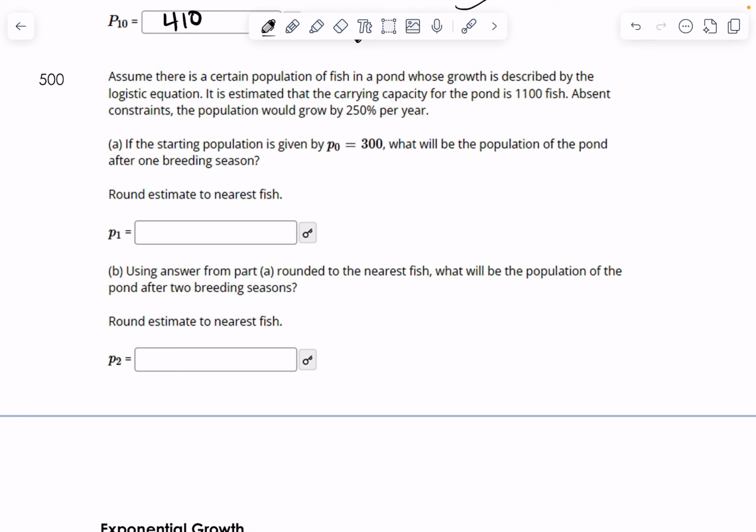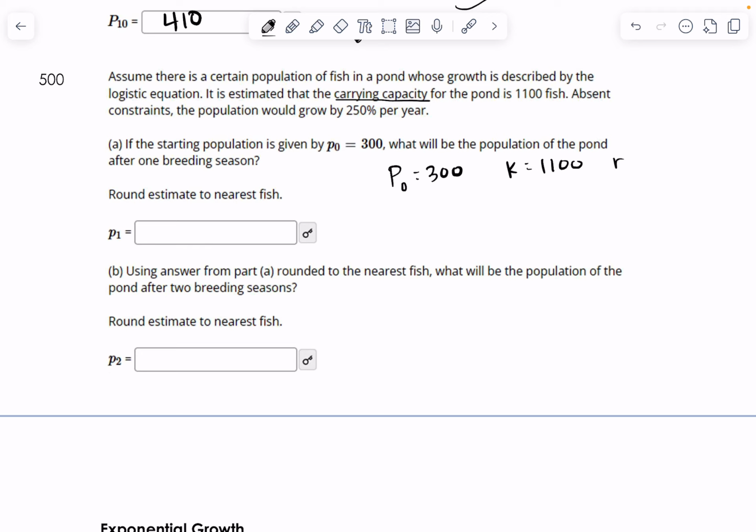The next one is with a carrying capacity. So there's fish in a pond and it has a carrying capacity. And so you're using the logistic equation where P naught is 300, K, which is the carrying capacity, is 1100.